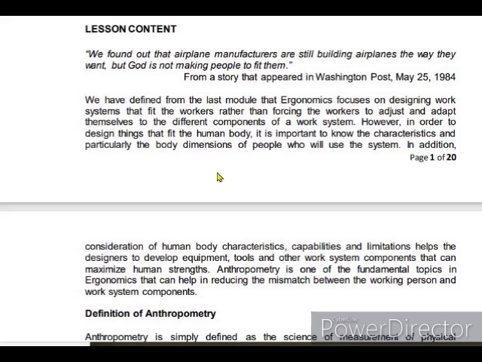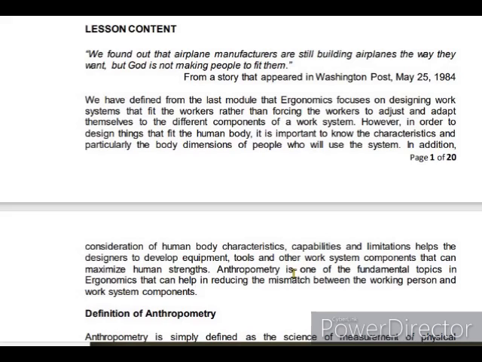In addition, consideration of human body characteristics, capabilities, and limitations, so not only characteristics, but the capabilities of humans should be considered here, as well as their limitations, helps the designers as industrial engineers.